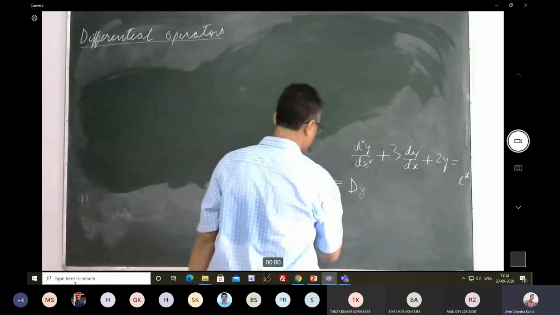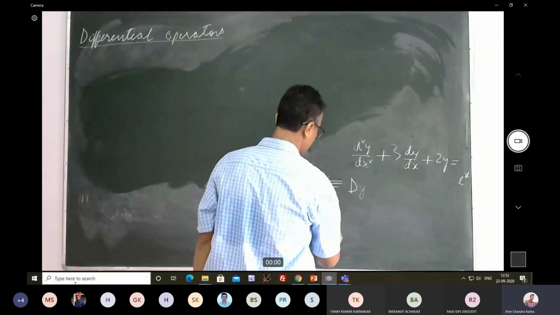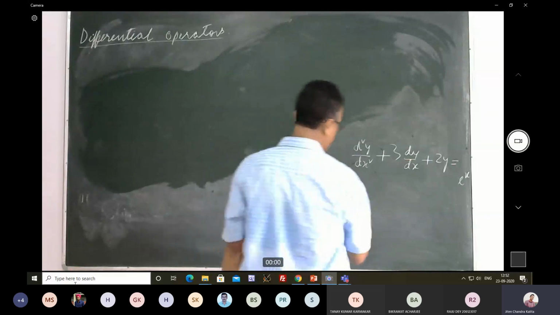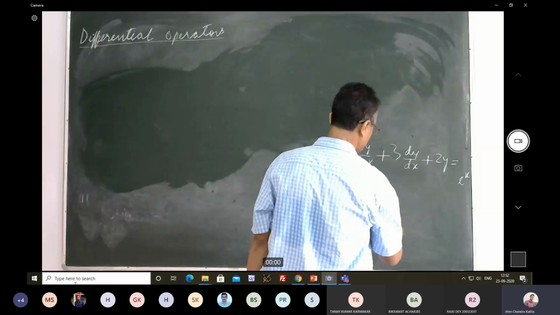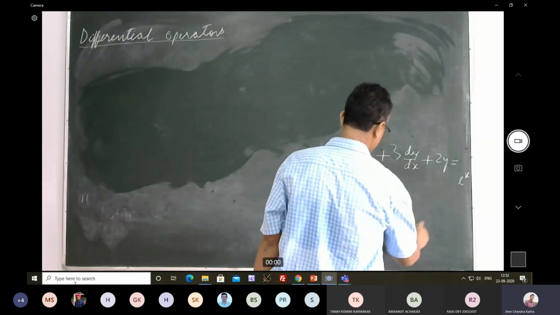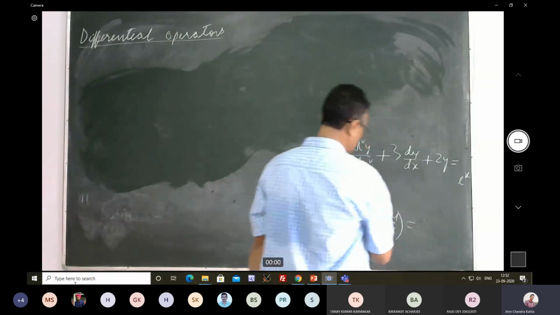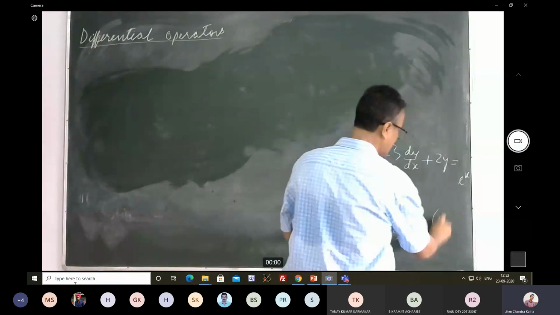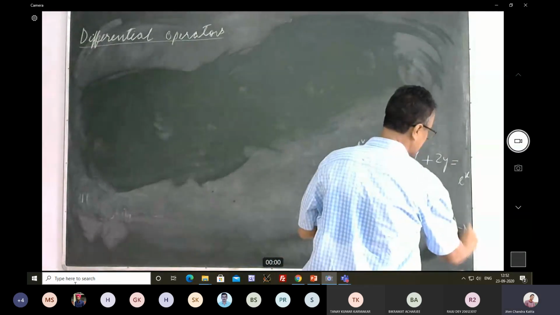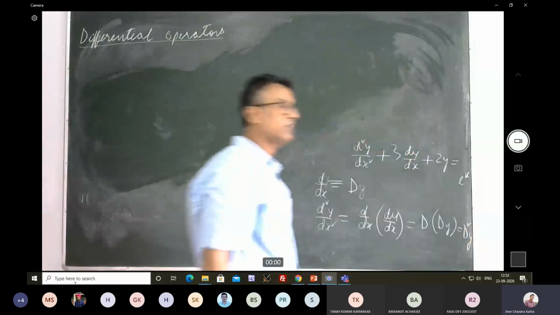And then d²y/dx², if I write it in terms of operators, d/dx of dy/dx, I can write as D of Dy. This is D squared y, and so on.